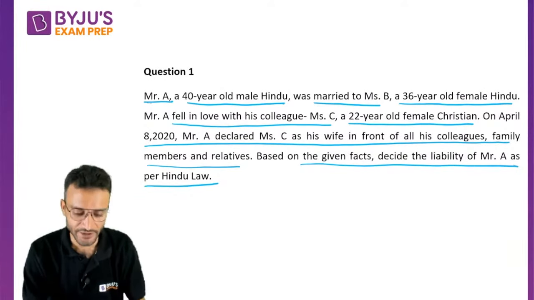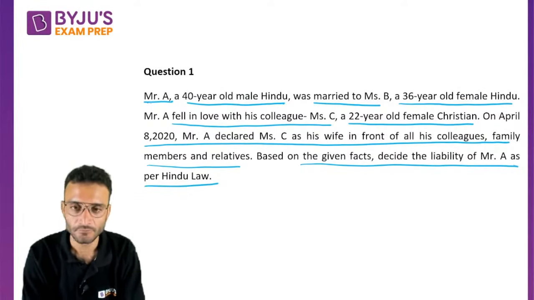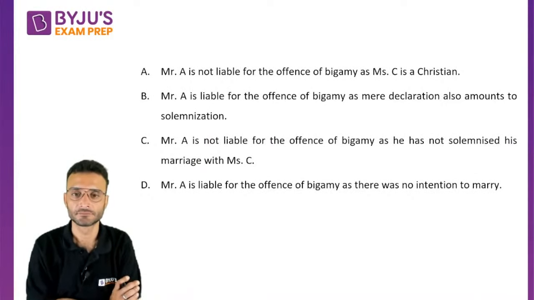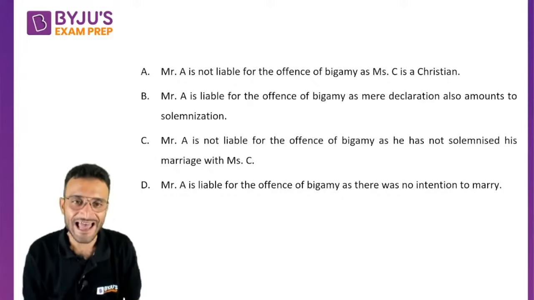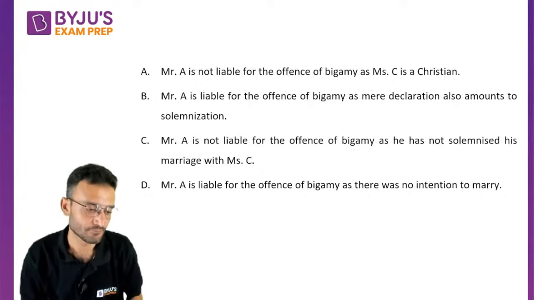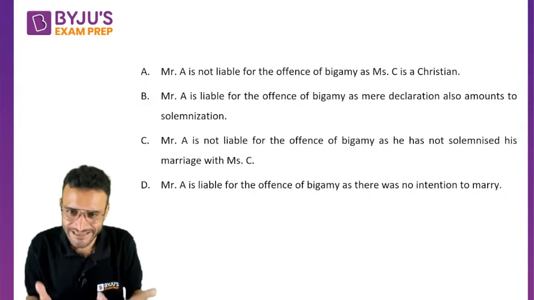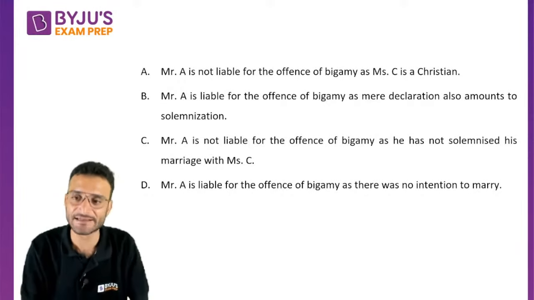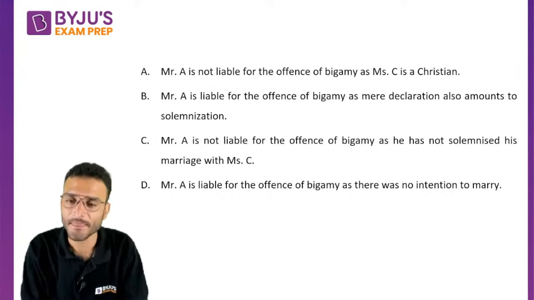Okay, read the question once again. Okay, here are your options. Now the question is, has he got married to this 22-year-old girl? He said so, but did he really get validly married to the next girl, to the Christian girl?